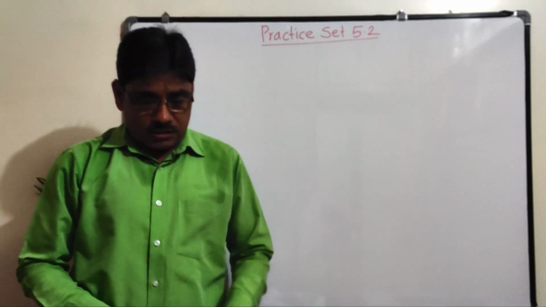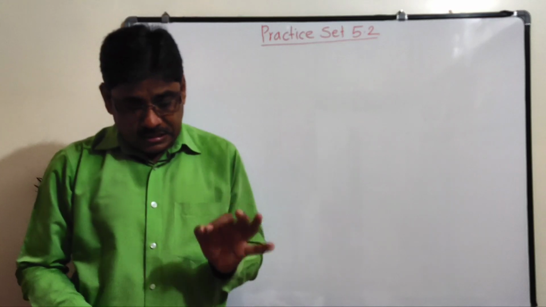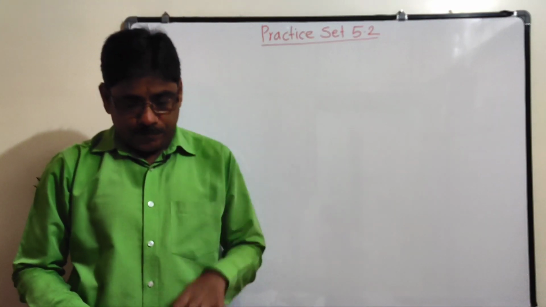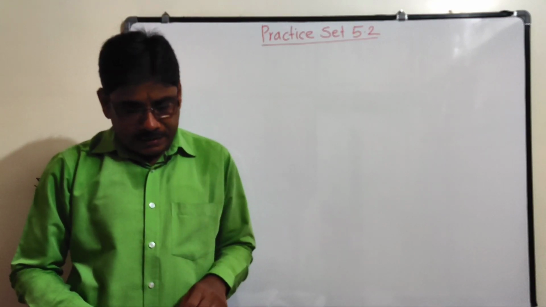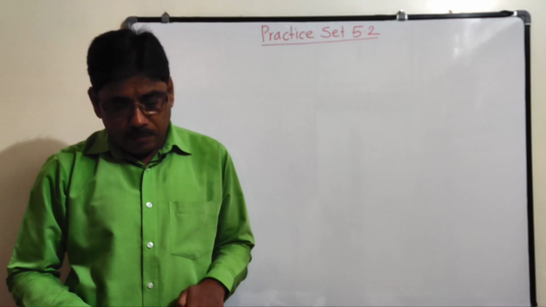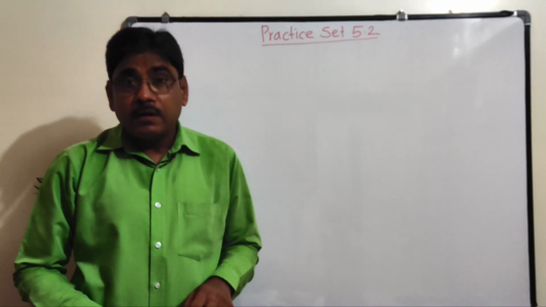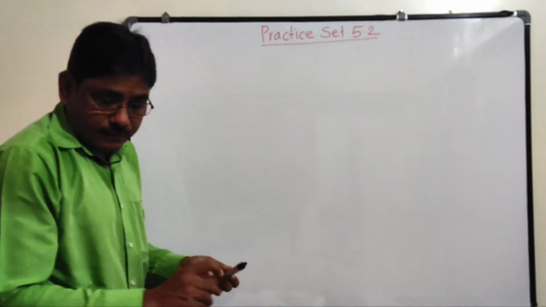The first sum from practice set 5.2 is: find the coordinates of the point P which divides the line segment joining the points A (-1, 7) and B (4, -3) in the ratio 2:3. So here first write the coordinates.